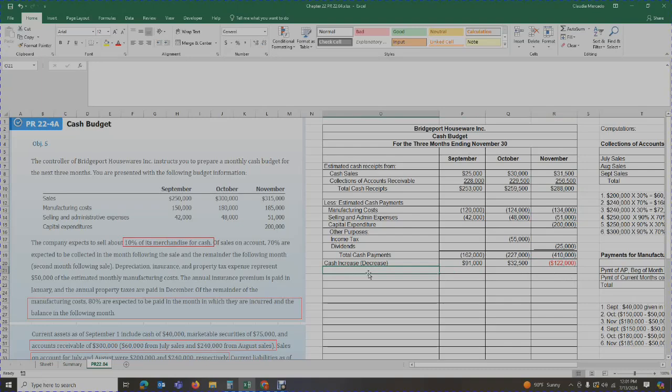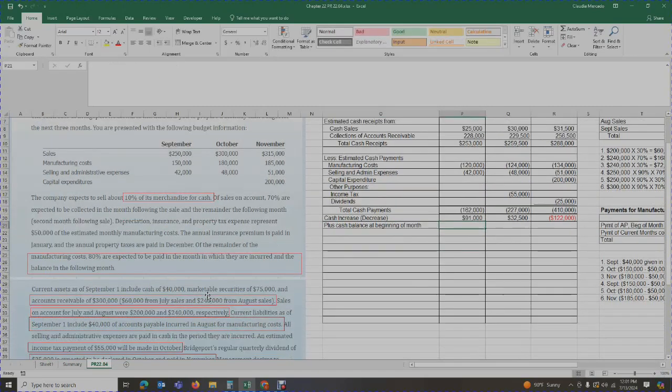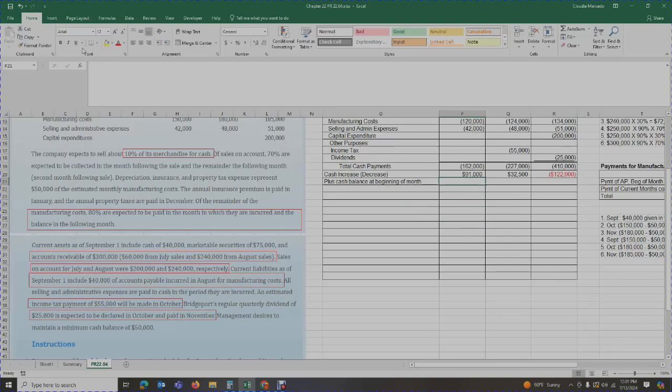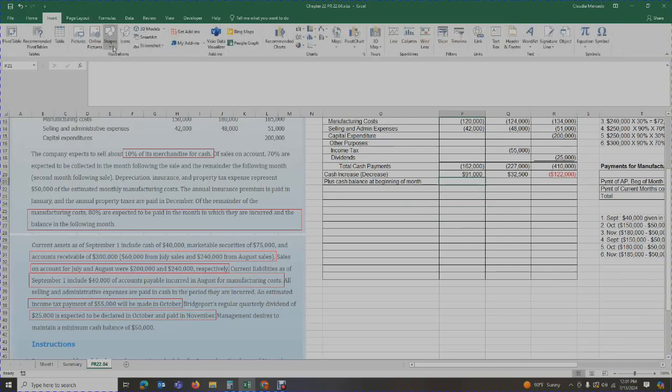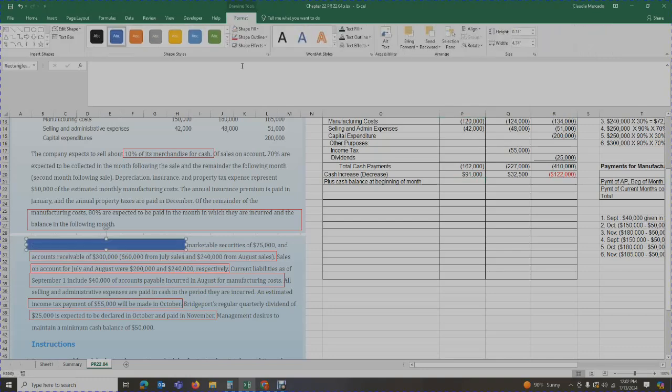Now we're going to add our beginning cash balance. Now the beginning cash balance is provided to you in the problem. Okay. If we look at the first sentence here, current assets as of September 1st include cash of $40,000.